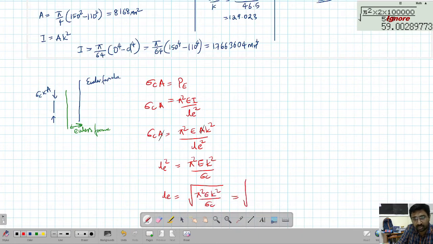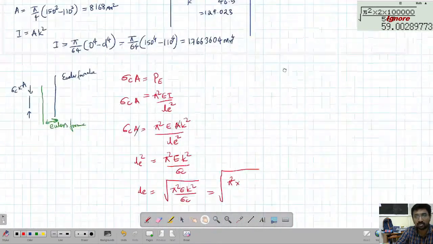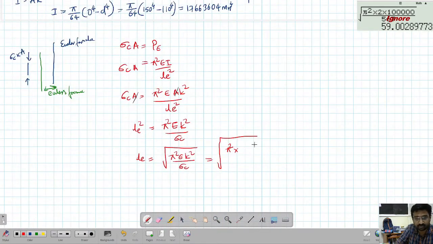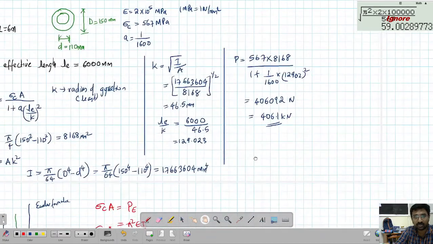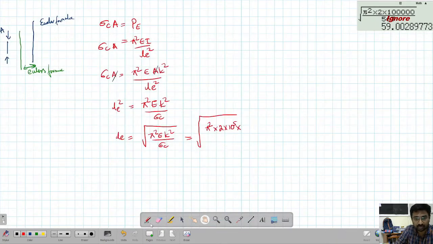We will substitute the values: pi square into, what is the value of E? The value of E is 2 into 10 to the power 5. Into K squared, where the value of K is 129.02, so 129.02 square, divided by sigma c.